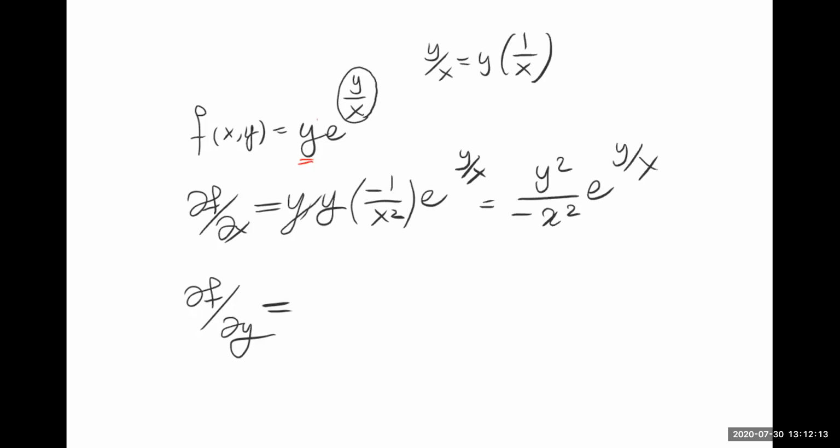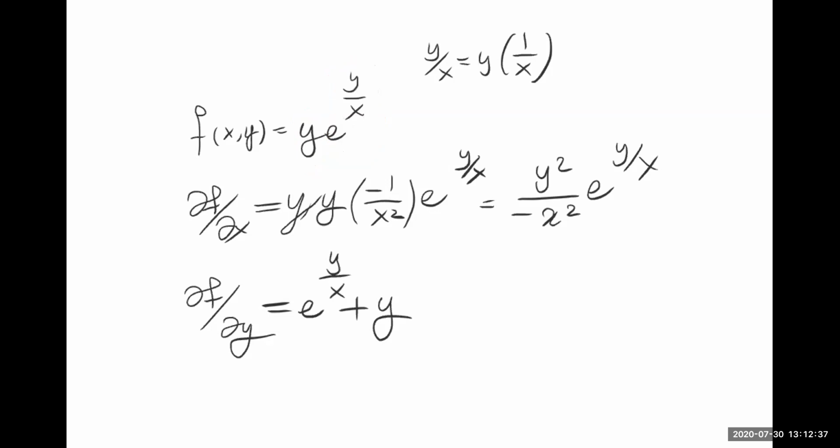What is the derivative with respect to y? Now we can use the product rule. The derivative of y with respect to y is 1. Therefore, 1 times y over x plus y times the derivative of e to the y over x with respect to y. So again, I should first take the derivative of y over x, but now with respect to y.